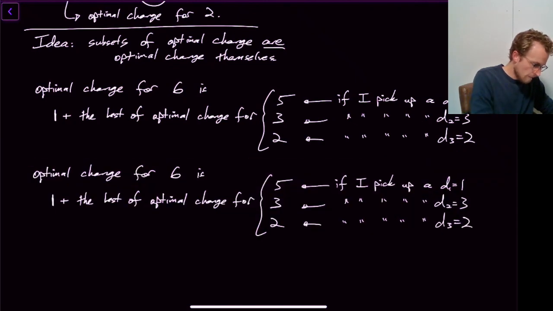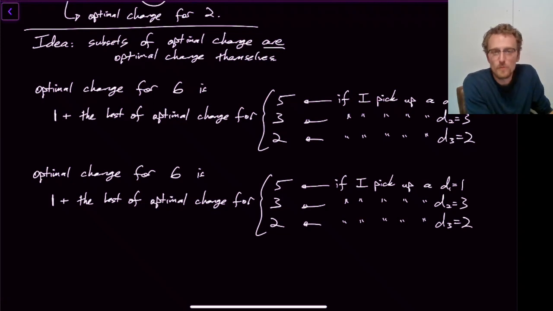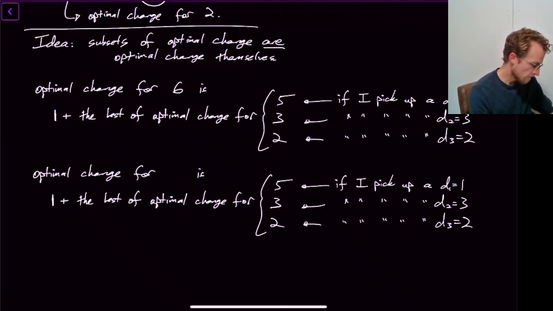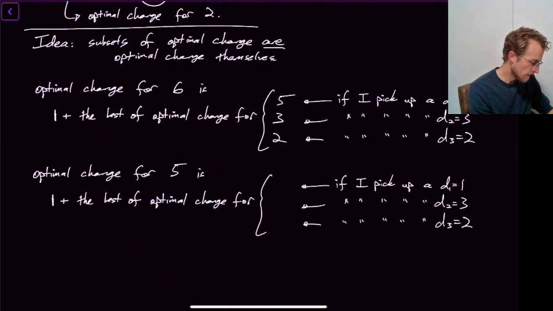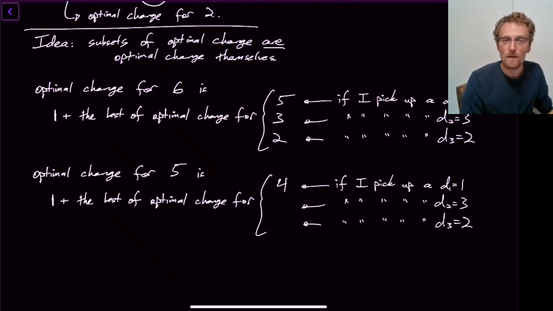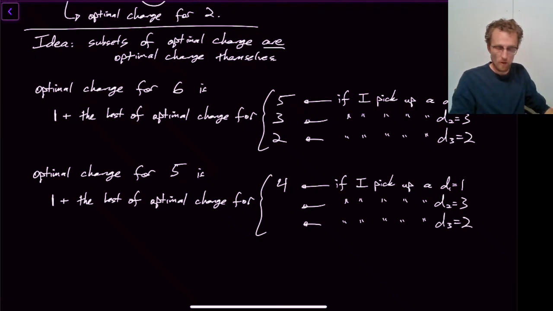So I can say, look, I know how to find optimal change for 6, right? So now my optimal change for 5 comes from one of 3 possibilities. What are those 3 possibilities? Well, I could have a 1 in my optimal change for 5, in which case my optimal change for 5 is related to my optimal change for 4.